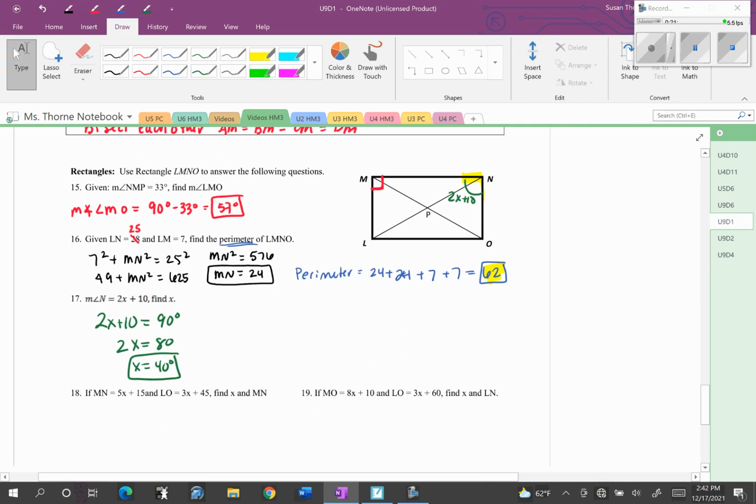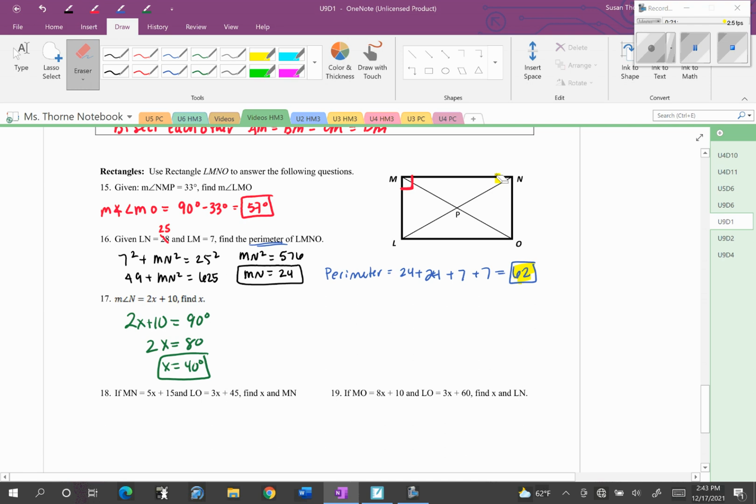All right, looking at the next one. We have if MN equals 5x plus 15, so we're saying MN is 5x plus 15, and LO equals 3x plus 45. Find x and MN. So we know those two side lengths have to be equal to each other. So 5x plus 15 has to be equal to 3x plus 45.